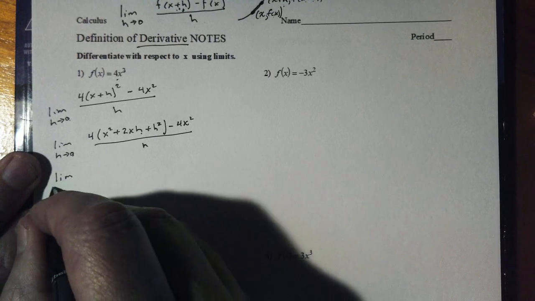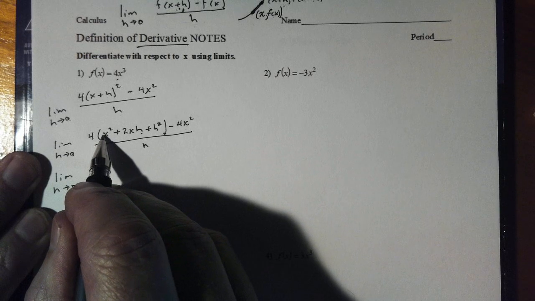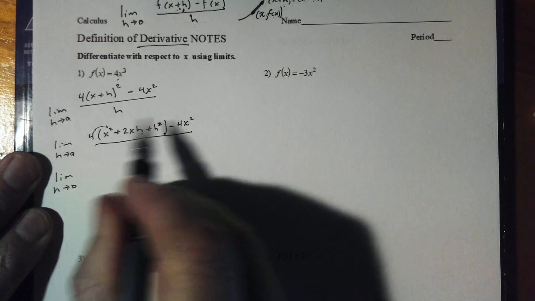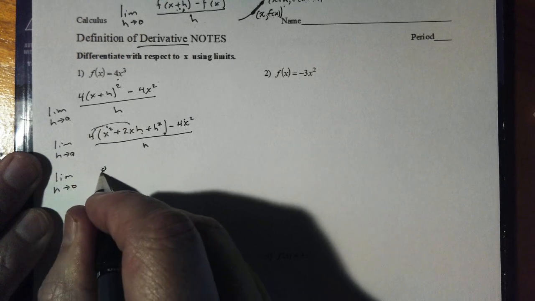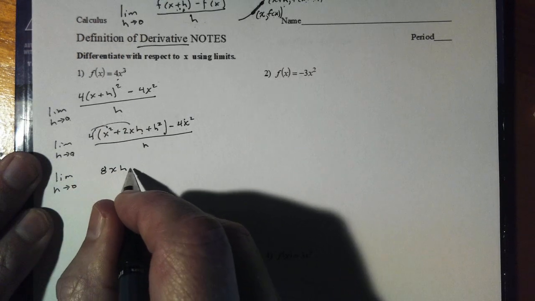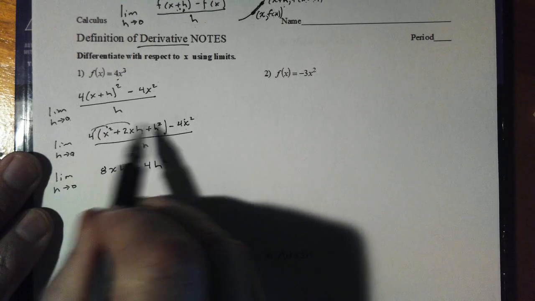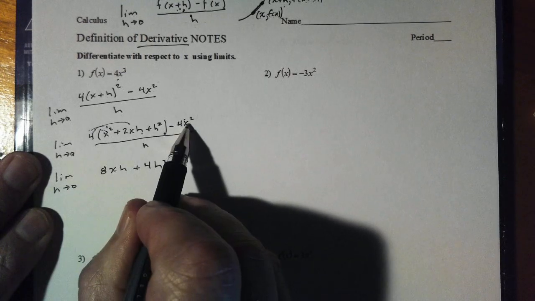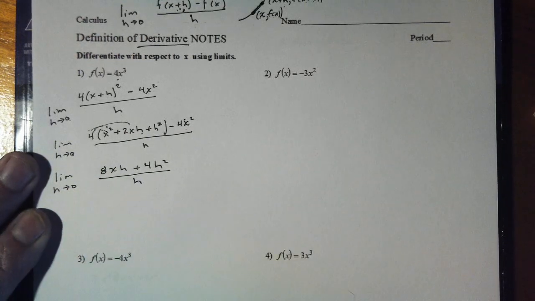I want the limit as h approaches 0 of, when I distribute, we get 4x squared minus 4x squared cancels. We get 8xh plus 4h squared. Again, the 4x squared minus this 4x squared cancels, all on h.